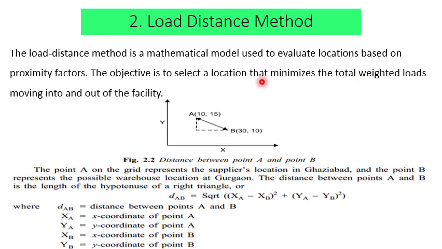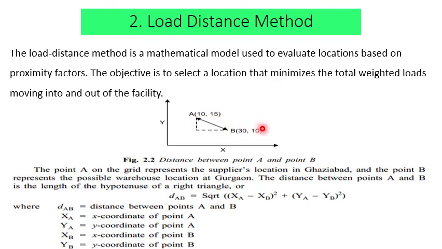The assumption is that when we are closer, the transportation cost will be minimized. So in this method, we calculate the distance between 2 points and we choose the closest one. We choose the closest one for our maybe supply, for our maybe market, and so on. There are 2 points here.